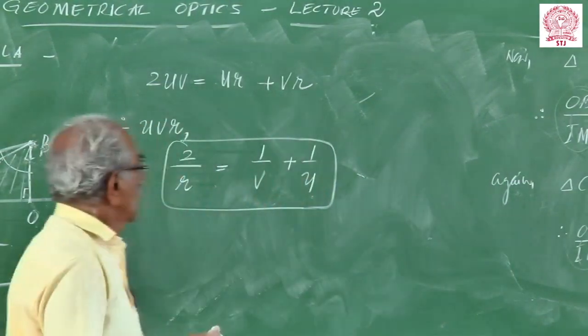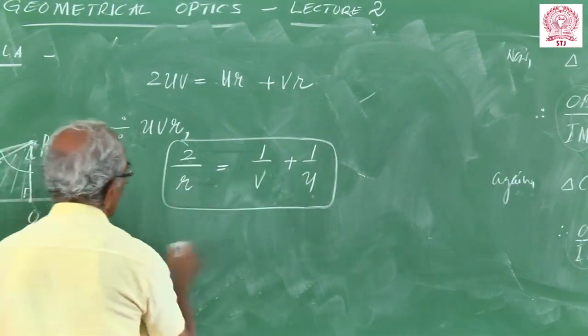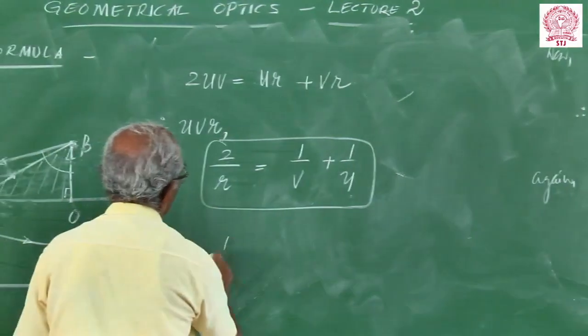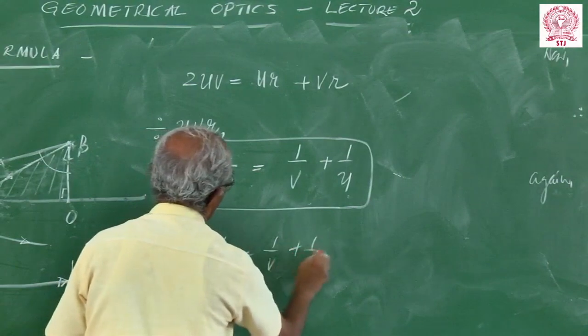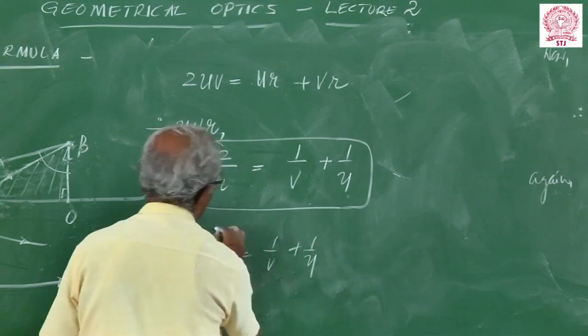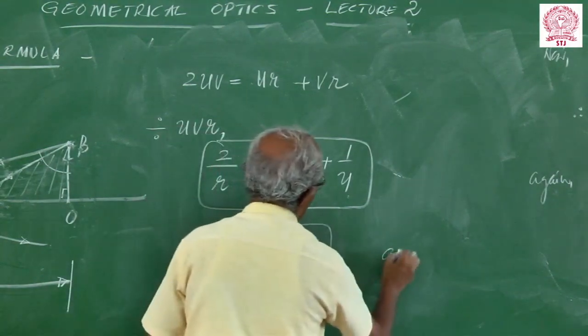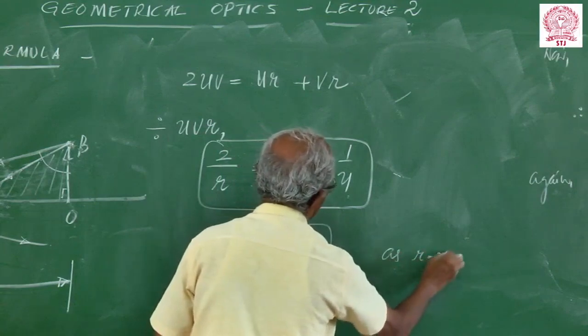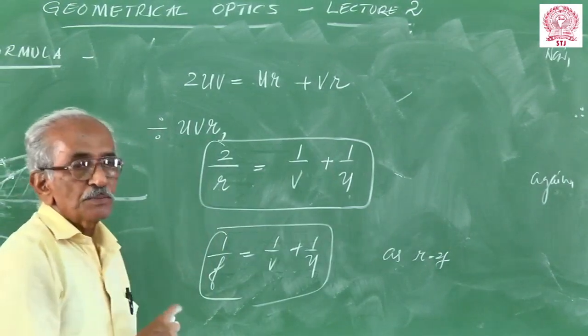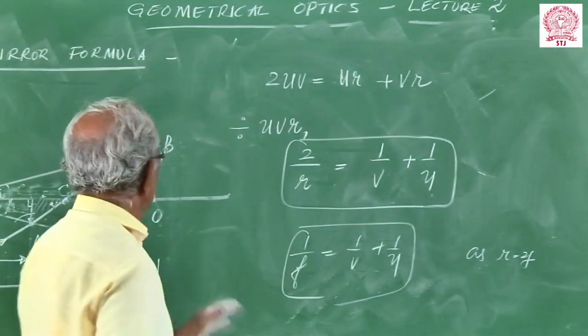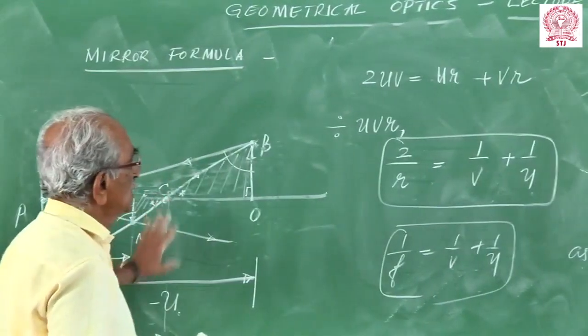Since R is 2F, you can also write this as 1 over F equals 1 over V plus 1 over U. R is 2F, substitute it here, you get 1 over F. So that is the relationship between the object distance and the image distance.